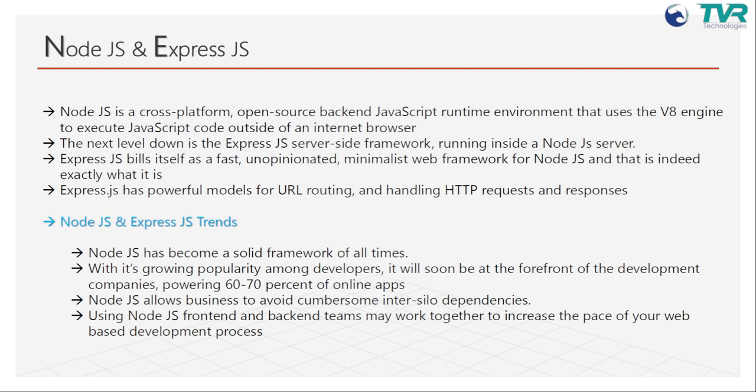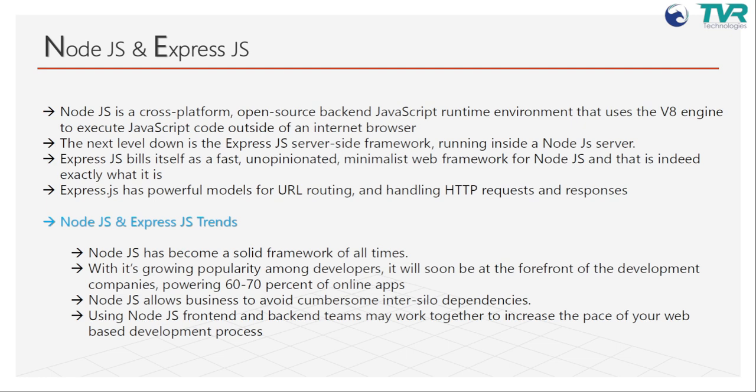The next tech stack, the next tier, you can say a server tier, is Node.js and Express.js. Here we have to discuss mainly Node.js. So we know about the front end. Everything whatever you are making, whether front end or back end, is JavaScript only.